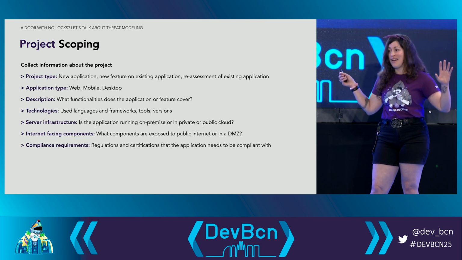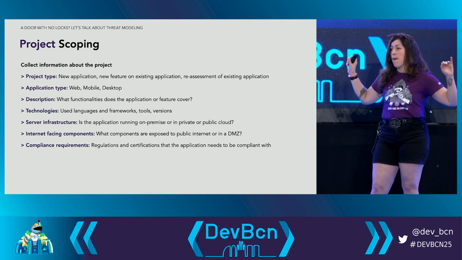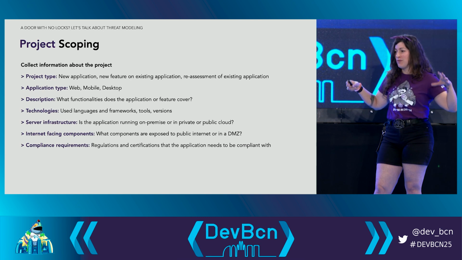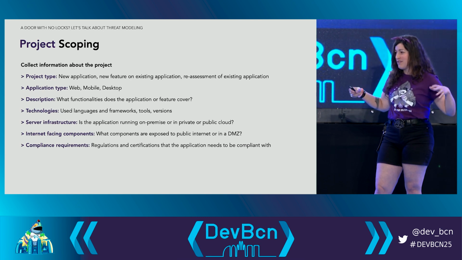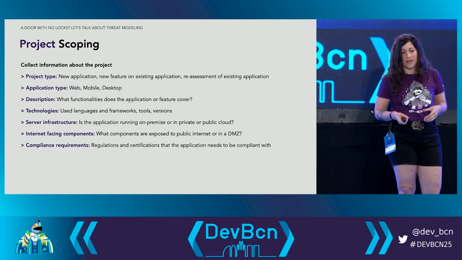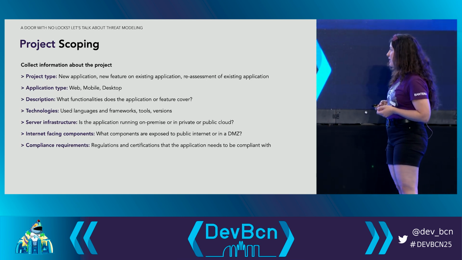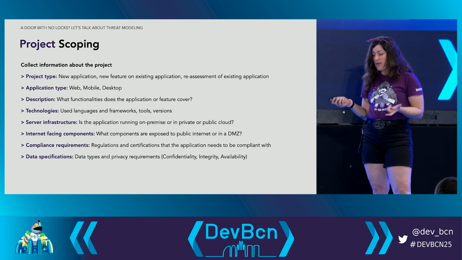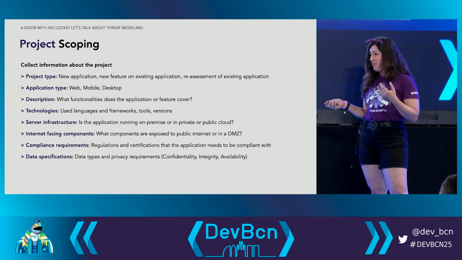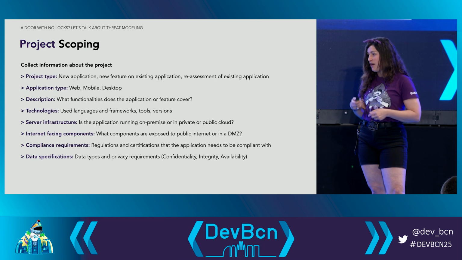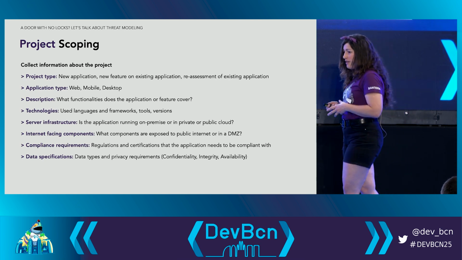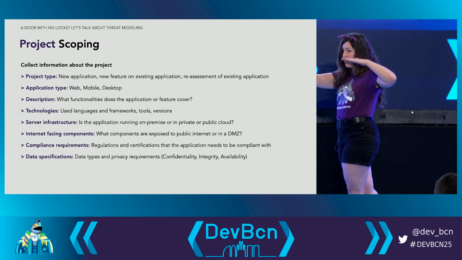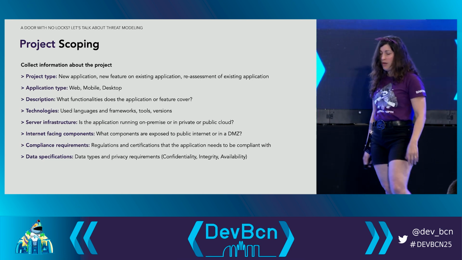This is affecting every business, and you will have to go through a lot of compliance audits to actually be compliant with this one. Data specifications: if you're managing data, how confidential it is, and the integrity and availability requirements of the data you have to manage. You have different levels, and according to that, you're also going to prioritize your threats.